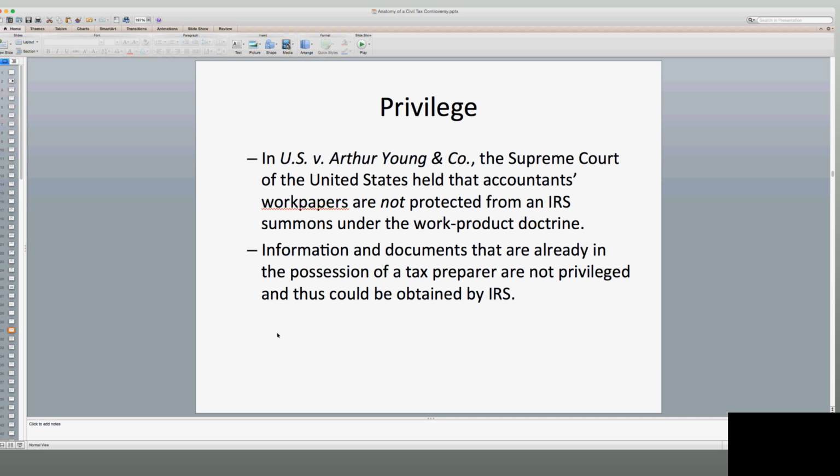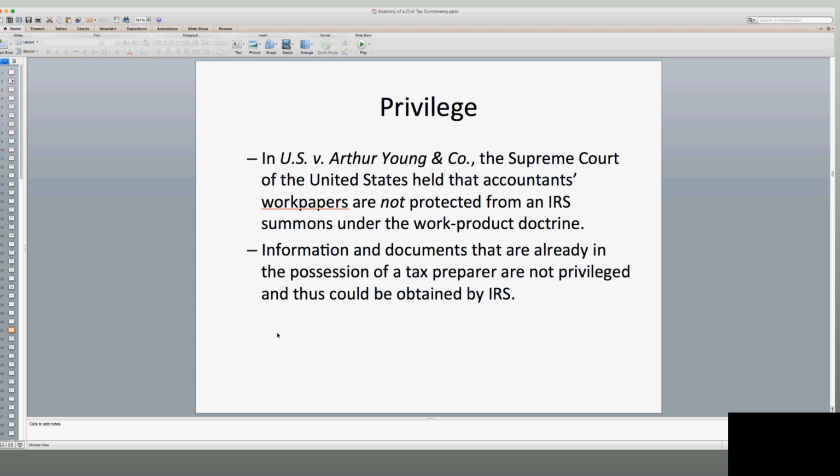Now, I feel terrible that I can't give you a more solid answer on what is protected, but right now we are in a state where the courts have been eroding the work product doctrine, and I have to tell you that it really stretches my imagination to come up with what type of work product is protected under this work product doctrine.